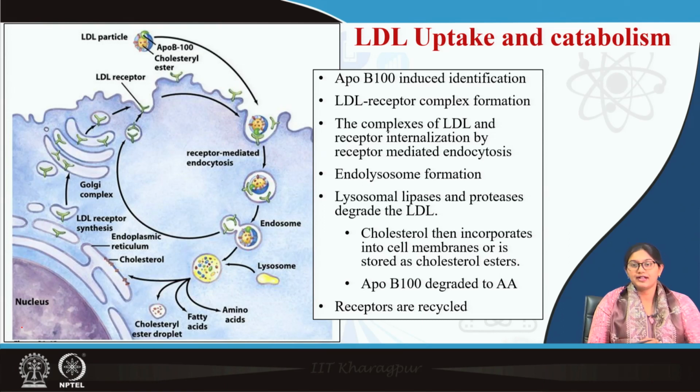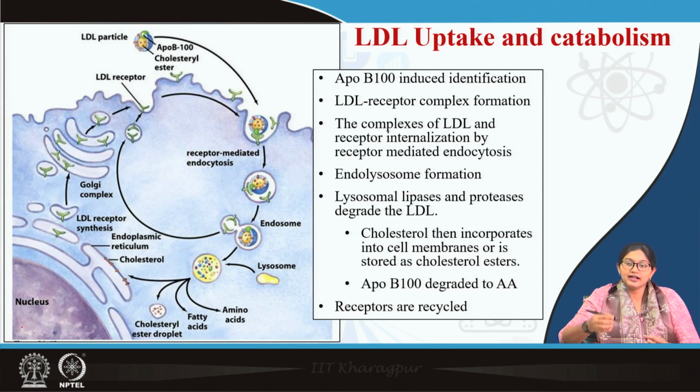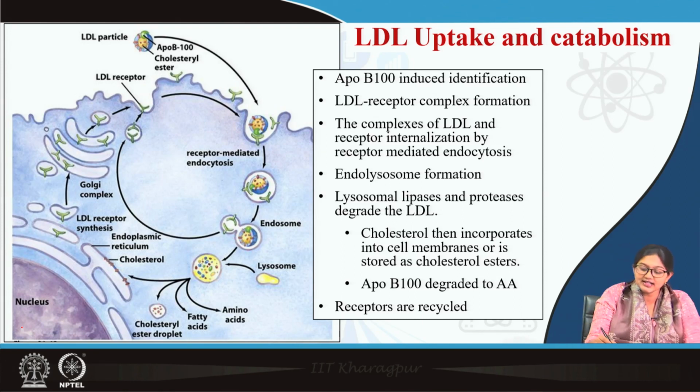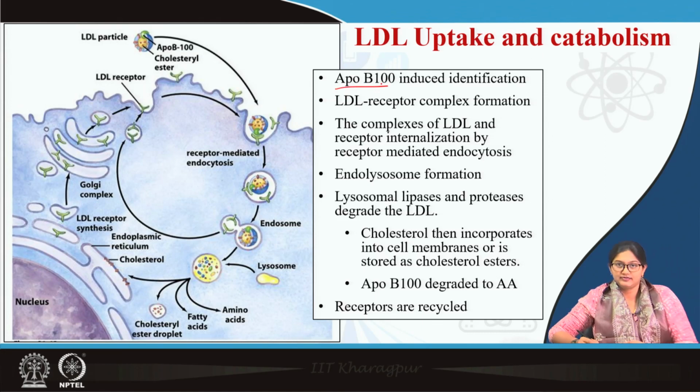Now, how is this uptake basically occurring inside the cell? Now, remember LDL is low density lipoprotein, and ApoB100 is the signaling protein which is sensed by the LDL receptor. So, whenever the circulating lipoprotein LDL comes in contact with the LDL receptor, it basically identifies ApoB100.